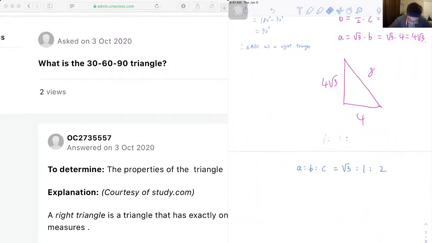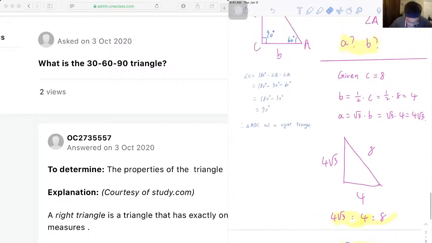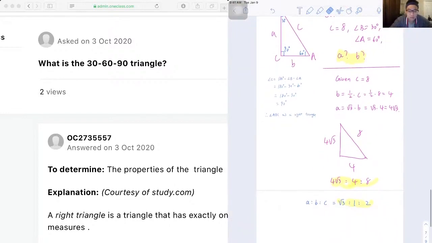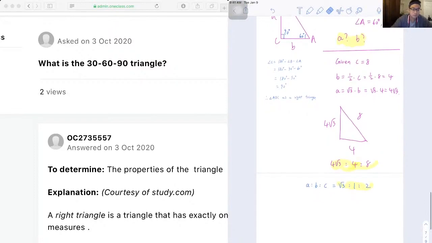We have the ratio 4√3, 4, and 8, which is exactly the same thing, but multiplied by 4 to get 4√3, 4, and 8. So I think that's all we need for this question.